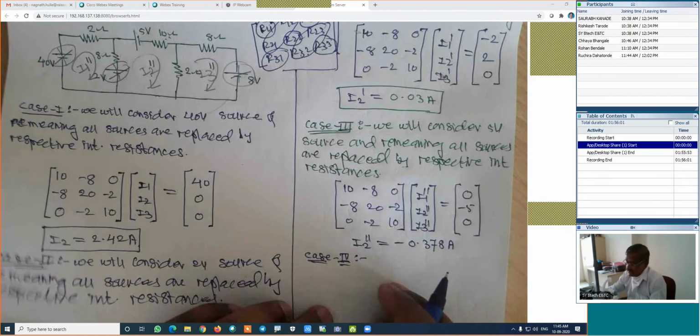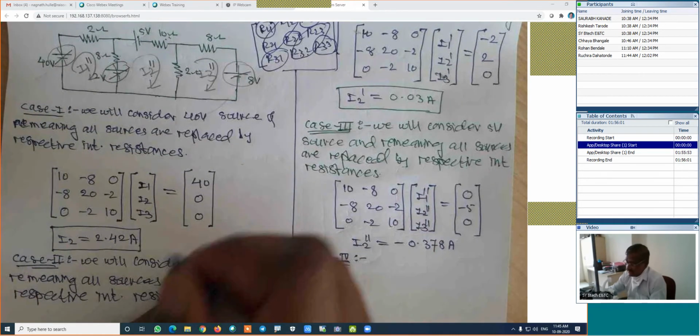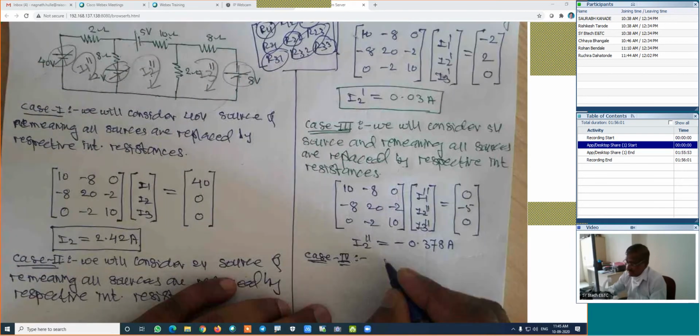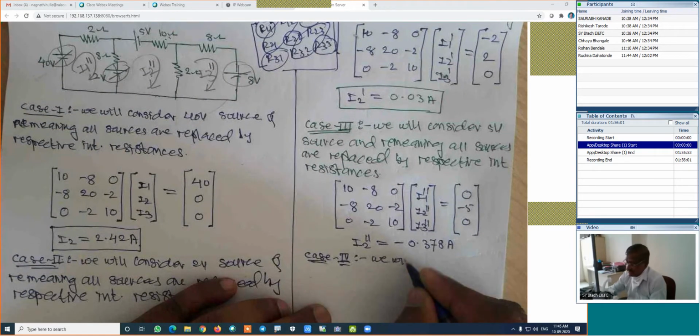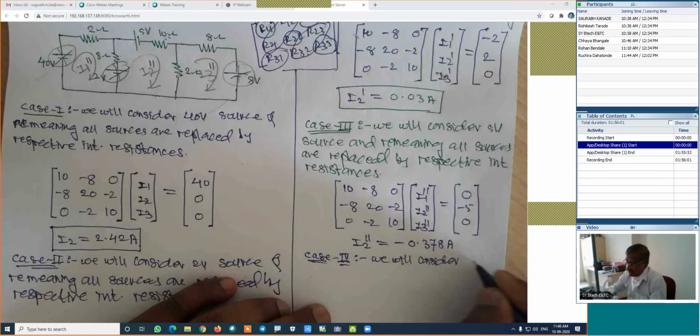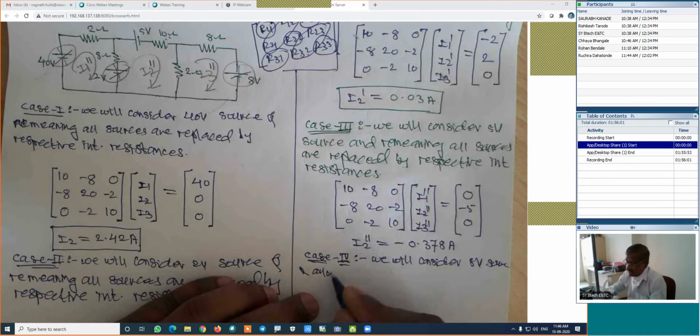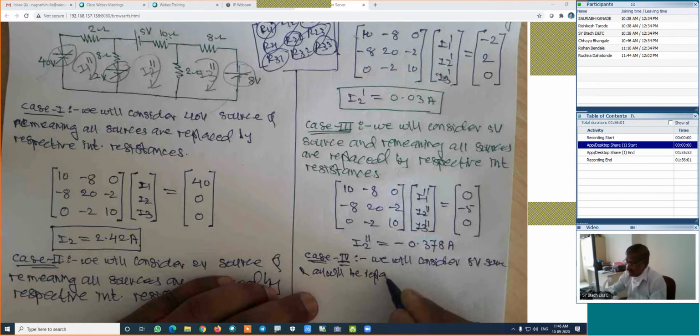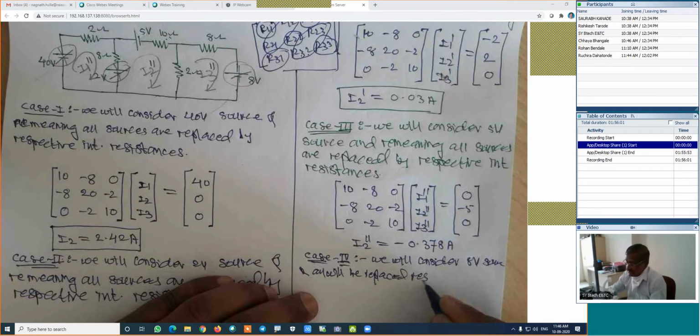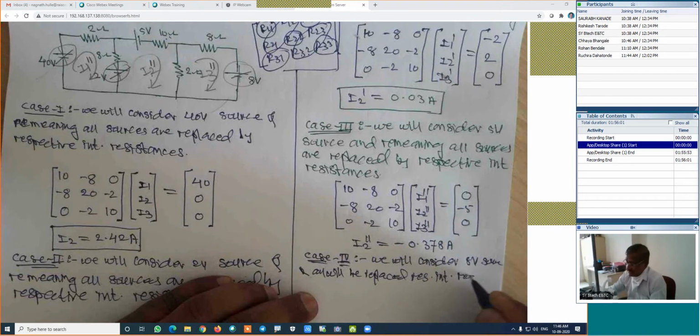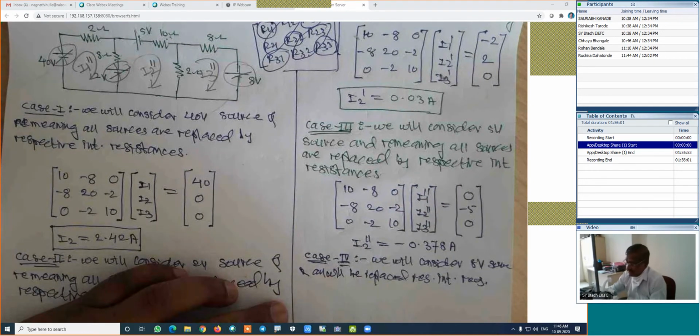In the fourth case, we will consider this 8 volt source, and all the others will be replaced by their respective internal resistances. Is it right? How will the matrix be here?